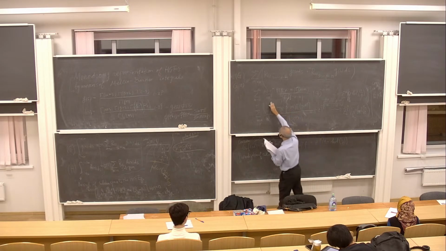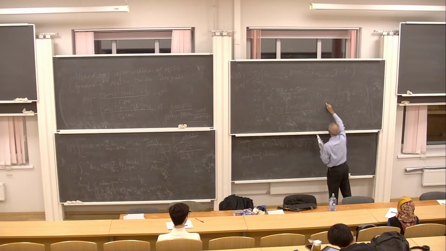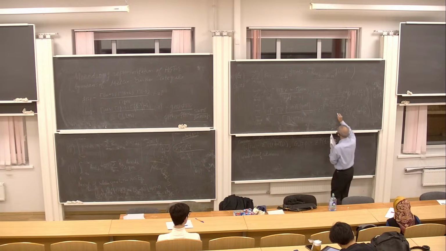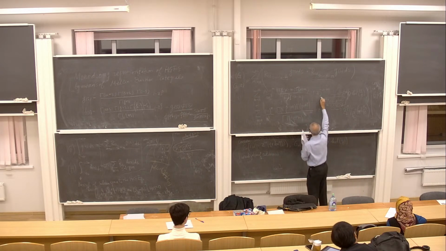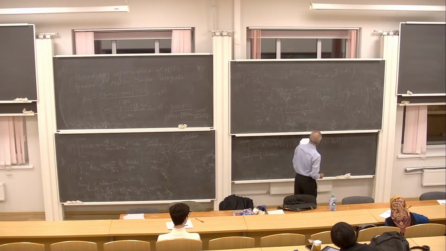So m is 0, so it is 1. Okay. So in fact, here C0 was something like this. So I put m equals 0, and you can calculate C0 concretely.